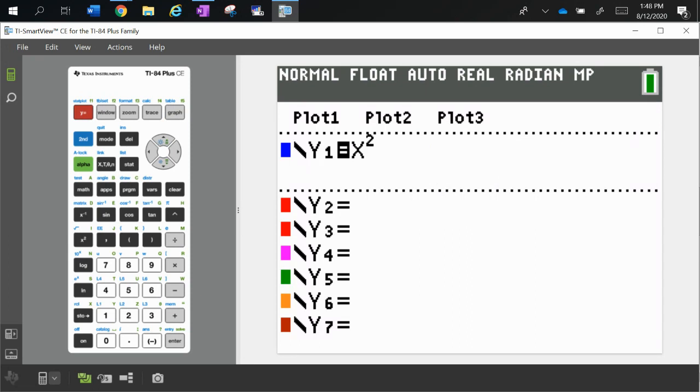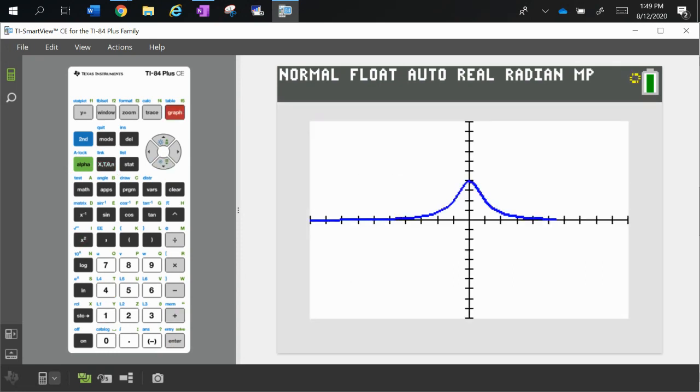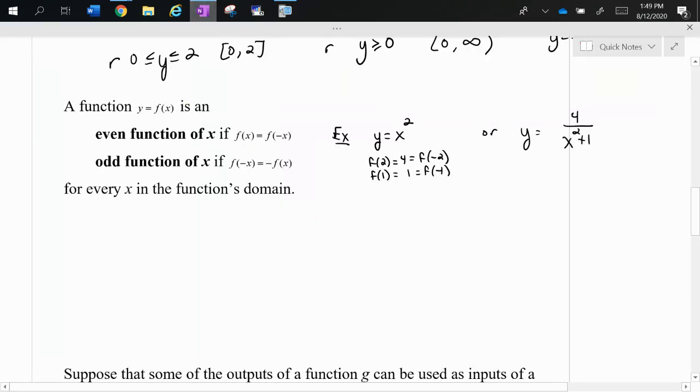Even if I look at 4 over x squared plus 1, I see the symmetry over the y-axis, same on both sides. So we can make a note here that we have symmetry over the y-axis.